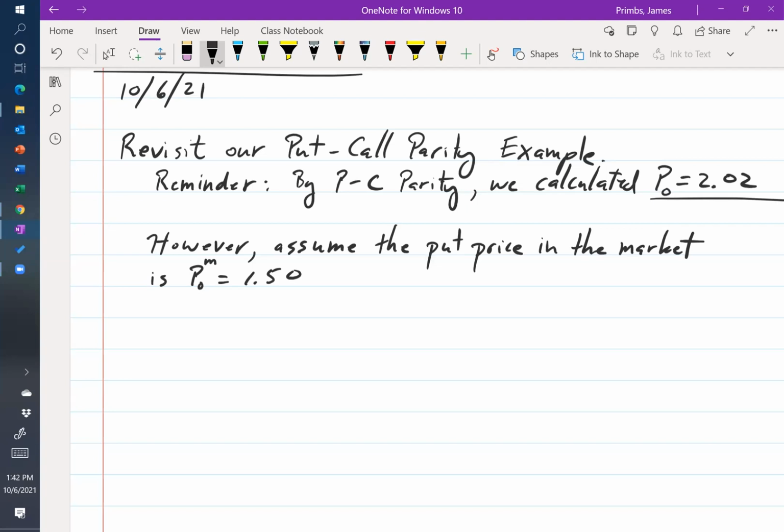Wait a second, put call parity says it's supposed to be $2.02. The market is only selling for $1.50. So then the question is, so what? What can I do with that? It's violating the theory. Then does the theory help me? So what we have here is put call parity is violated.